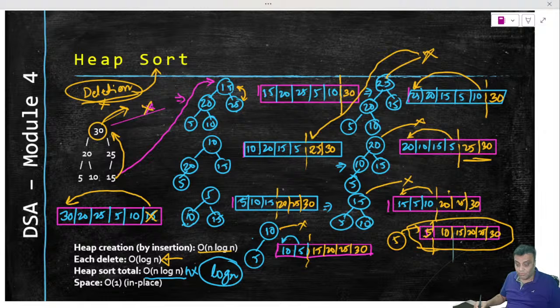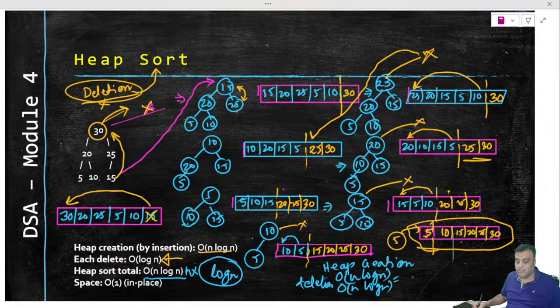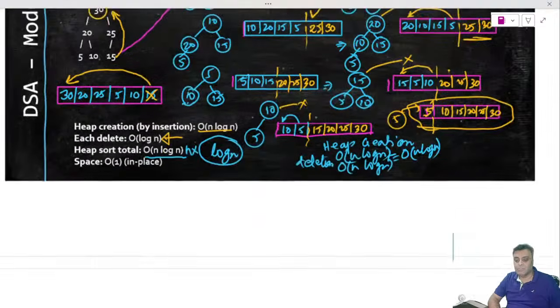So from the heap creation you have n log n, and for the deletion you also have n log n, right? And by now you should know that both of these put together will also be n log n. You don't say 2n log n, right? It is n log n. So that is heap sort.